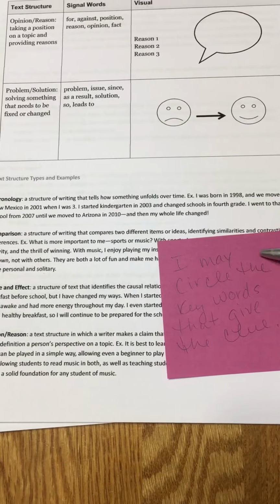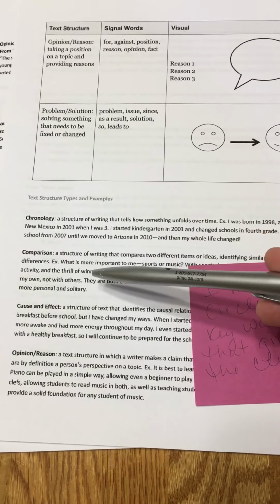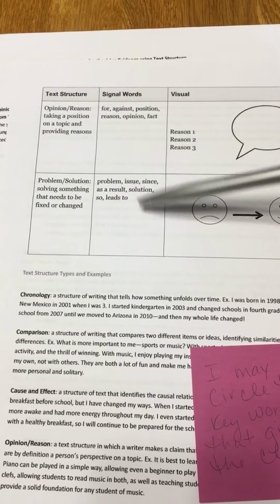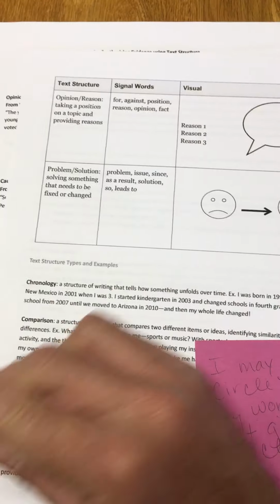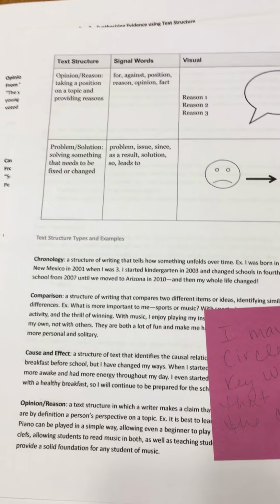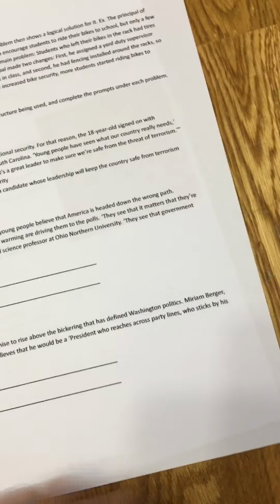What I might do is I think I would circle the keywords that would give me the clue that it was chronology or comparison or cause and effect. And you can do that by going back up to the signal words in the help part here, and that would help you to decide why each one is the way it is. So those are just helps for you.